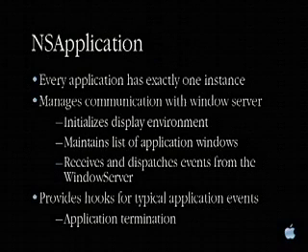The Windows server will set up the connection, and when the Windows server receives events, it'll dispatch them to the application, who then will appropriately forward them off to whoever needs to get them. NSApplication is also important because it gives you hooks to customizing typical application behavior. So, for instance, if you need to do something special in application termination, there are hooks for you to customize that behavior.